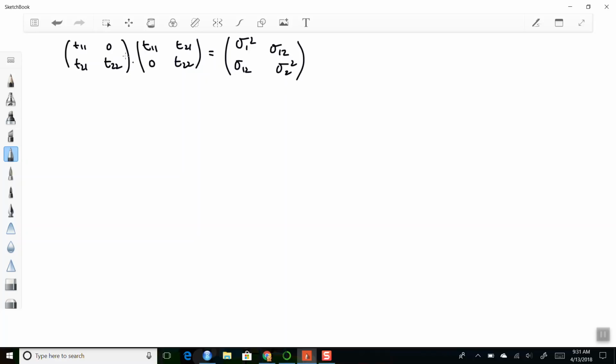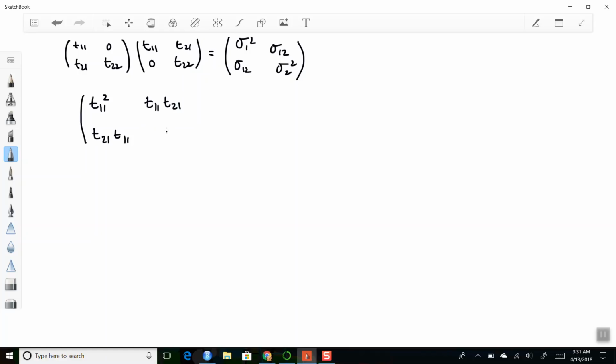Okay, so if I multiply this out, let's just do the matrix multiplication. So this is T11 times T11, so I get T11 squared plus 0 and 0, okay? And then in the next term, I will have T11 times T21, and this gets multiplied by 0. And then over here, I have T21 times T11 plus 0.